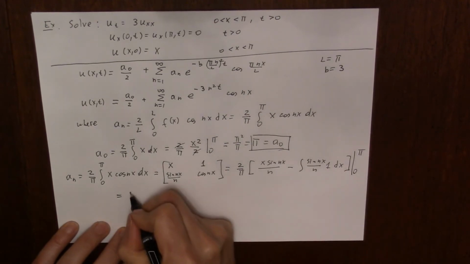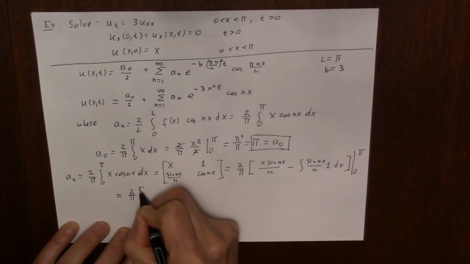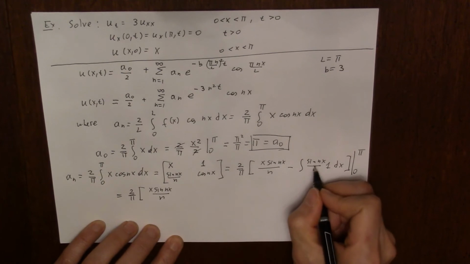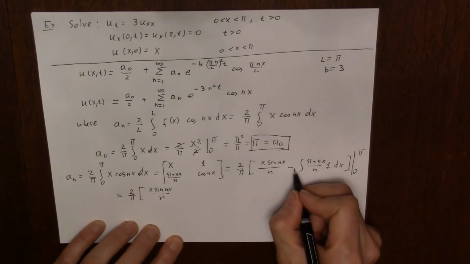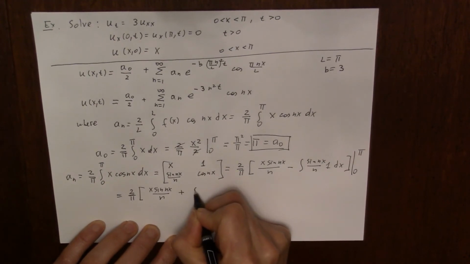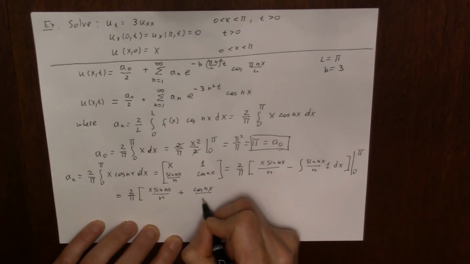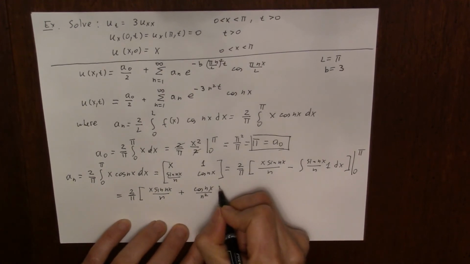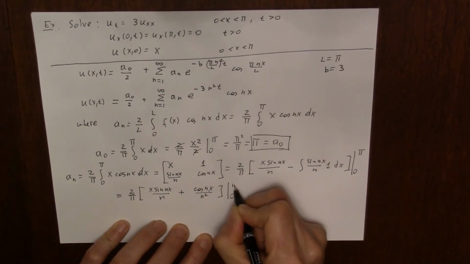So we're going to get 2 over pi, x sine nx over n. The antiderivative of sine is negative cosine, and minus minus gives us plus, so plus cosine of nx over n, and we have to put an extra n, so we get n squared. We're doing it from 0 to pi.